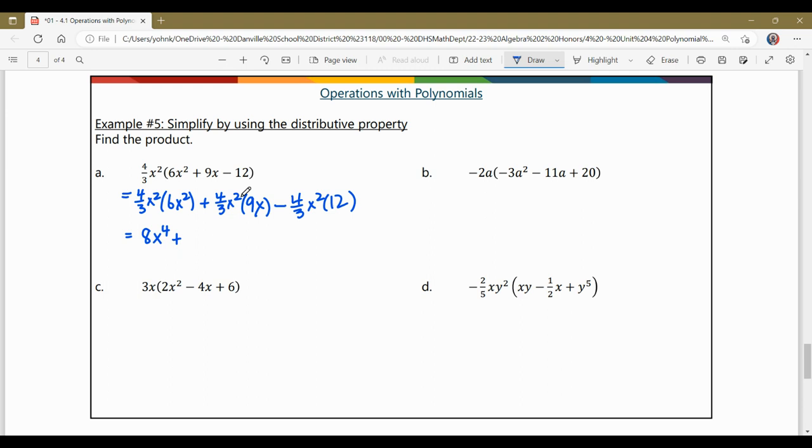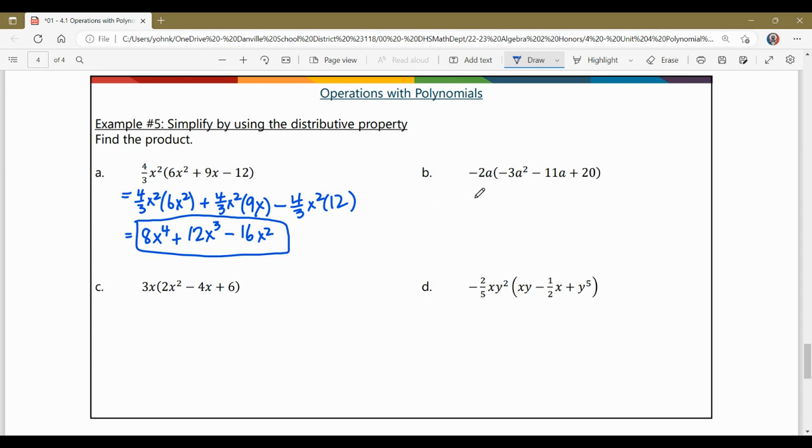Plus, 4/3 times 9 is 12, and x squared times x to the first is x to the third. Minus 4/3 times 12, that's 16x squared. So 8x to the fourth plus 12x cubed minus 16x squared.